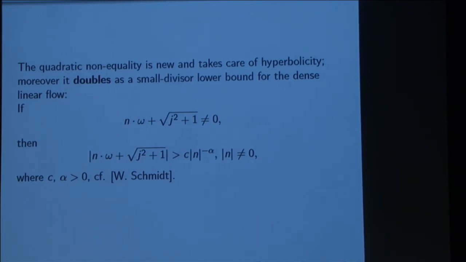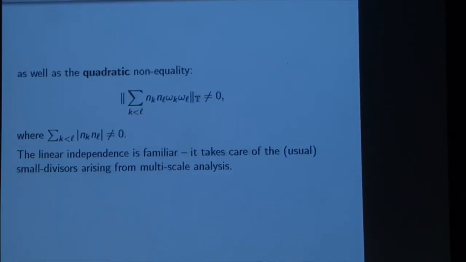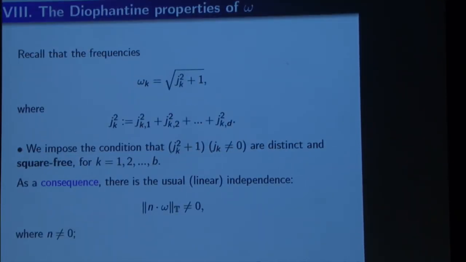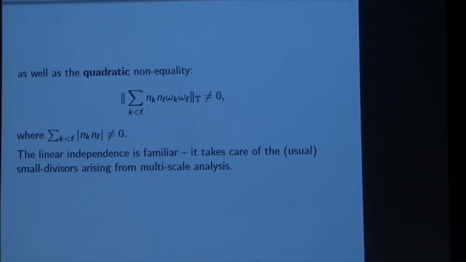Does this have to do with your square free condition? Square free, it's totally elementary. You have this condition, and then you have this condition. This arithmetic condition greatly reduces the points already to begin with on the bicharacteristics.